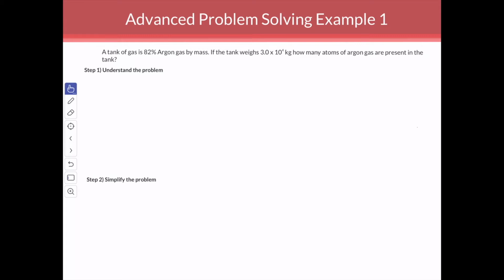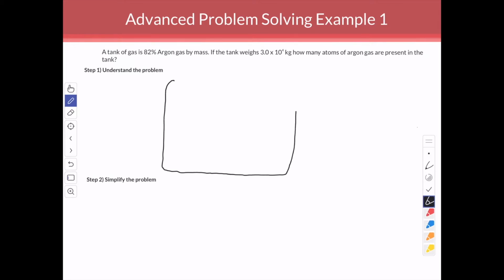Let's draw a picture for this problem. Let's do a rectangular tank. And we know that 82% of the mass of this tank is argon gas.